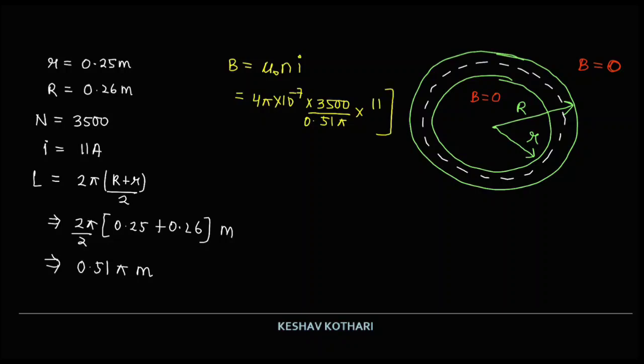So this is the strength of magnetic field which we calculate in Tesla, and it is coming out to be 3 into 10 to the power minus 2 Tesla. So this is the strength of magnetic field inside this toroid.